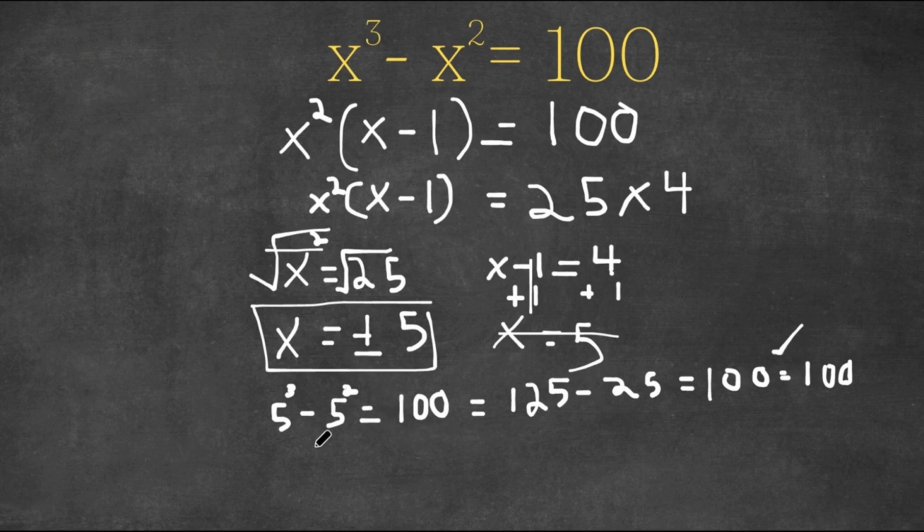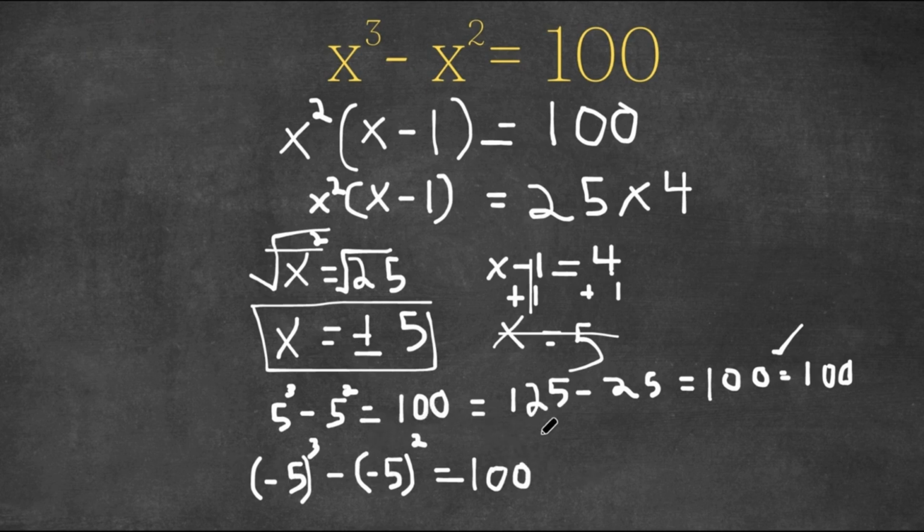and this is right, so 5 is a solution. Now, why don't we plug in negative 5? Plugging in negative 5, we would get negative 5 in parentheses to the power of 3 minus negative 5 to the power of 2 equals 100. Now, negative 5 to the power of 3, well, a negative to the power of an odd number is still going to be negative.